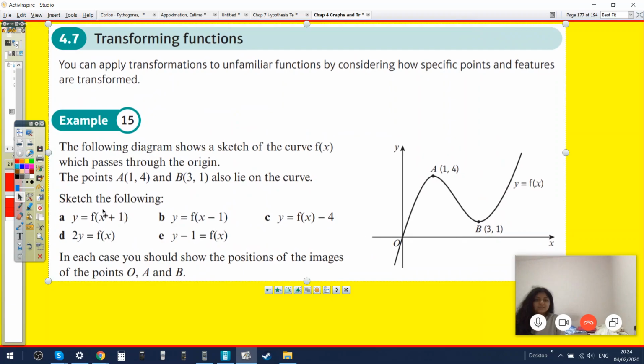Nothing wrong with that. So what will happen to the graph for part A? Okay, so let's just use the point A for everything. What would the point A be? Yeah. How about B?